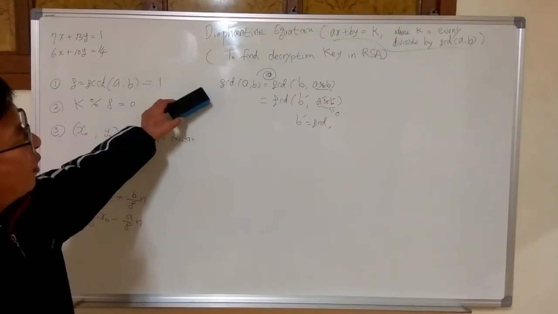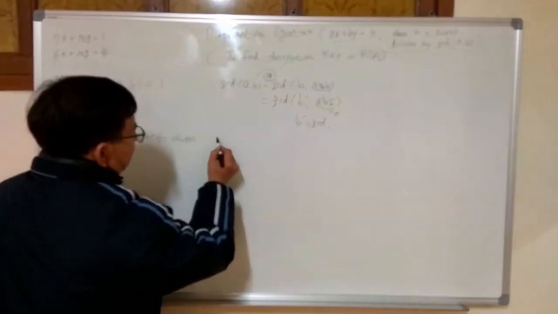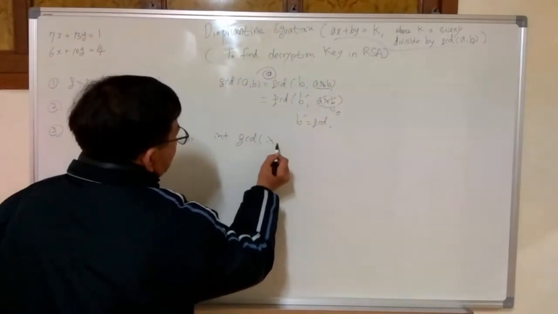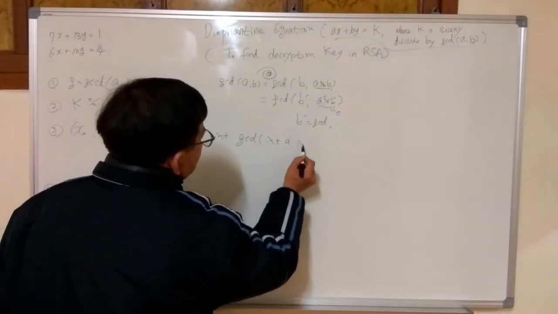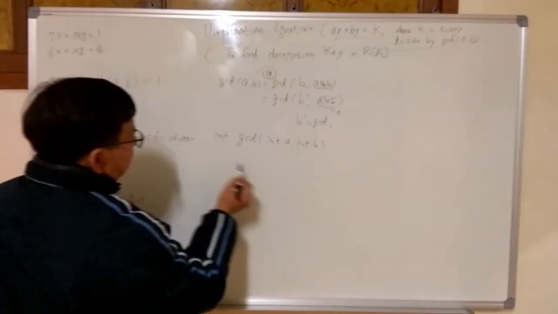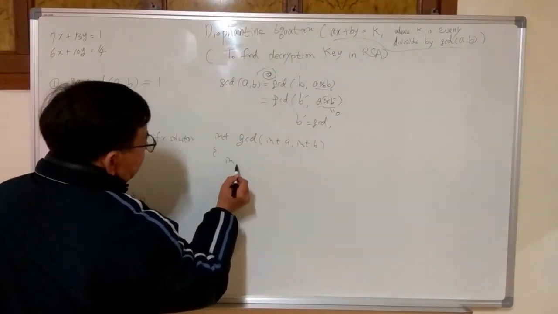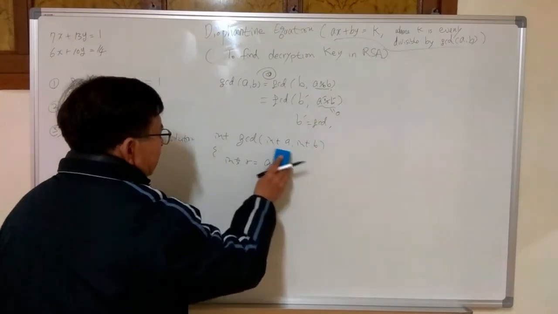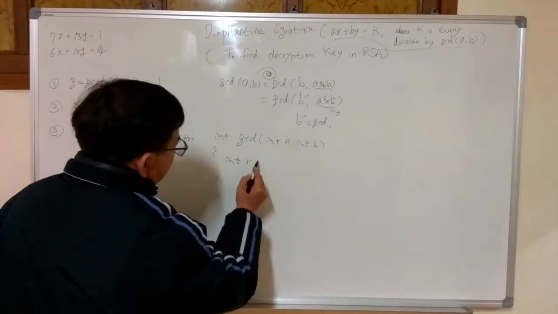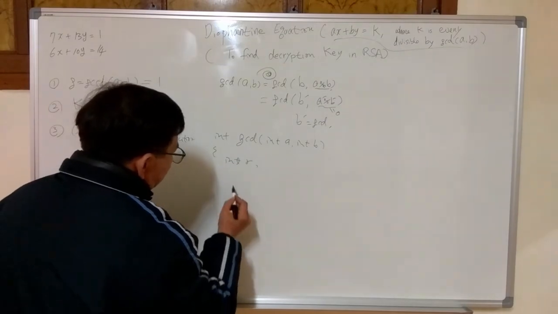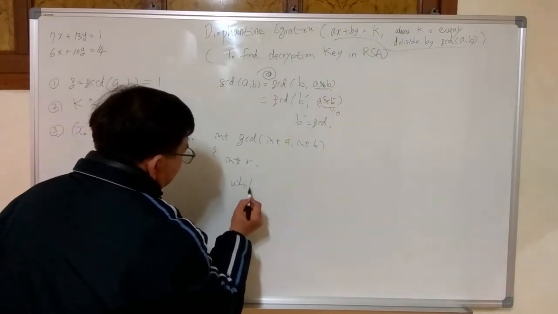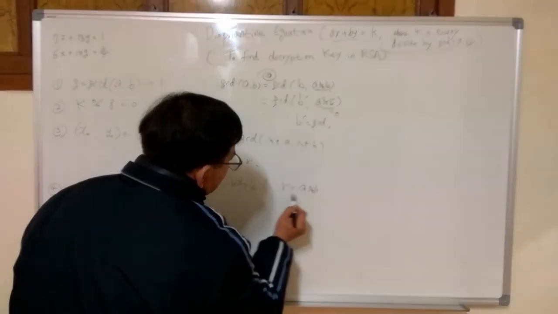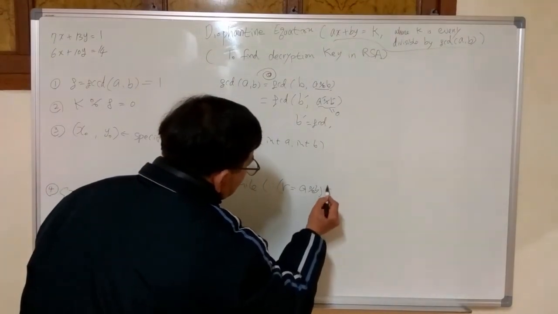Please remember this code. It is very simple. int GCD(int A, int B). Say int R equals A modulo B. Now we loop while the remainder is not 0.